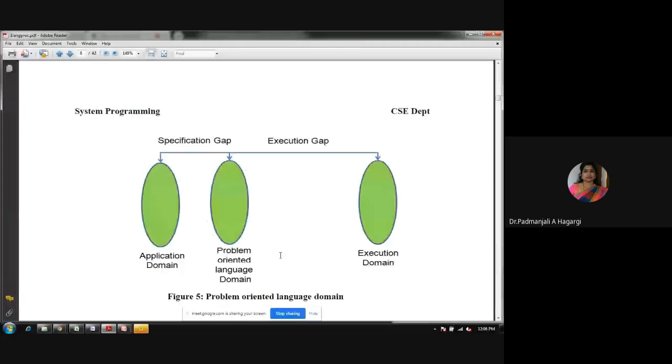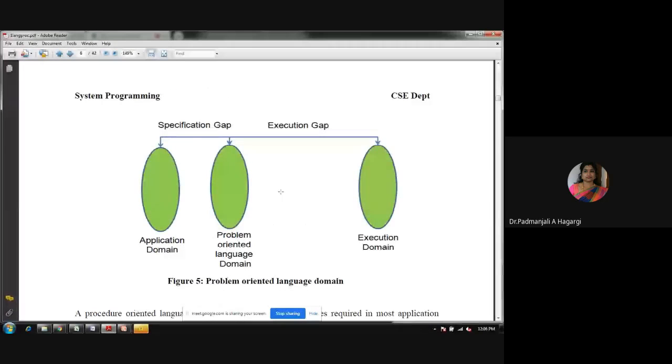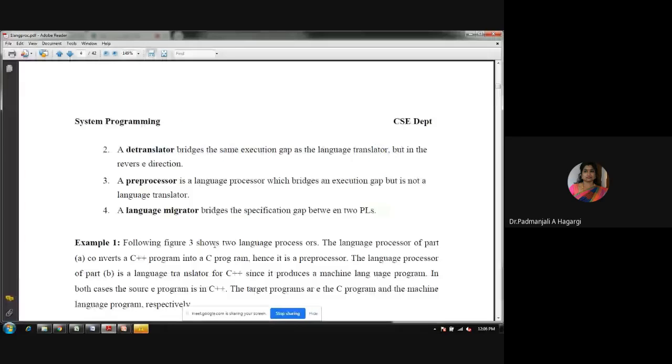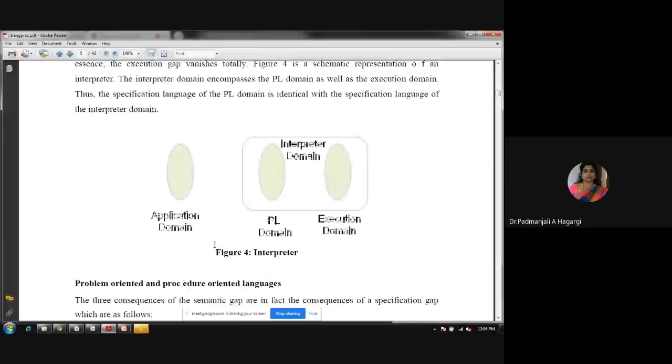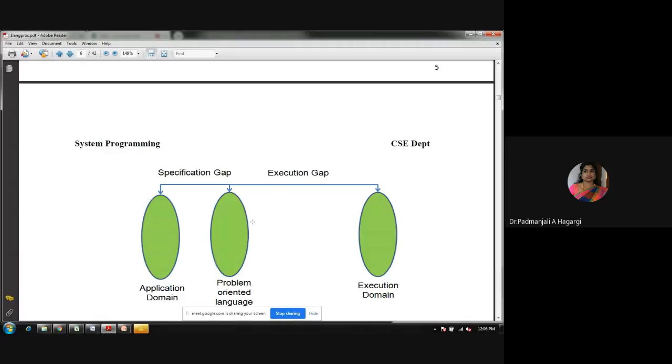So here I am showing you the problem oriented language. Here the specification gap is between the application domain and the problem oriented language, which is nothing but structure based, for example structure oriented language, procedure oriented language, like we use structures.